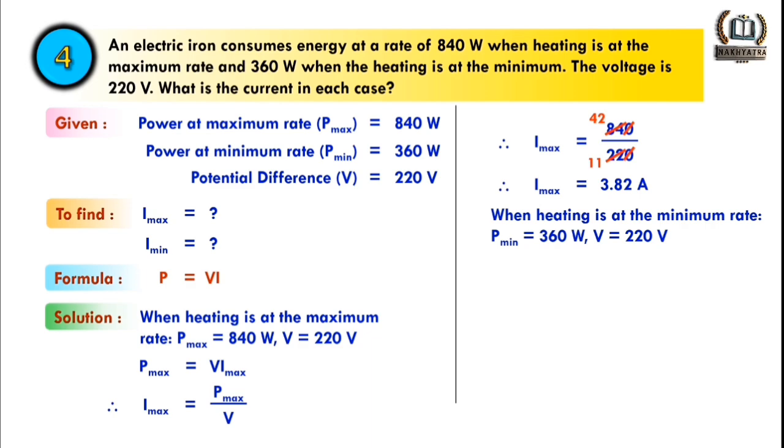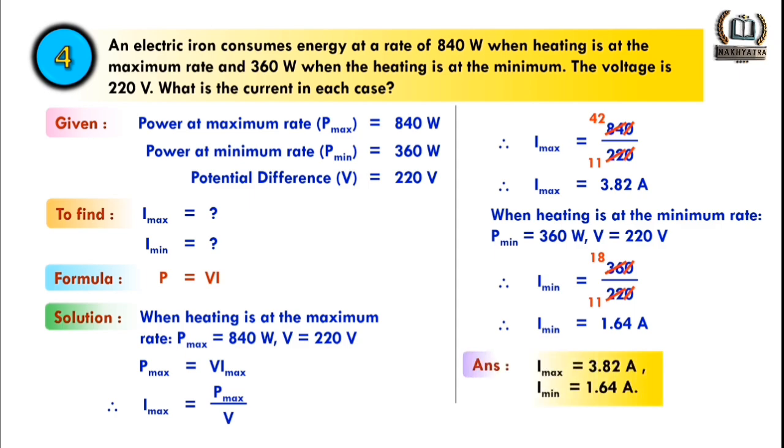So the power minimum value is 360 watt and potential difference is 220 volt. So current minimum equal to 360 upon 220. Now by calculating it we will get current minimum equal to 1.64 ampere. Okay, so current max is 3.82 ampere and minimum current is 1.64 ampere.